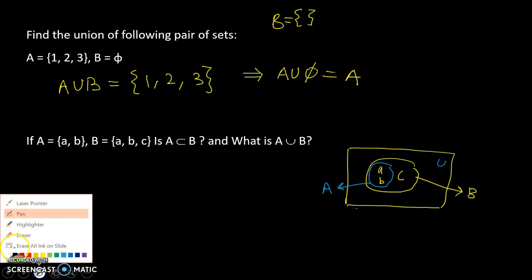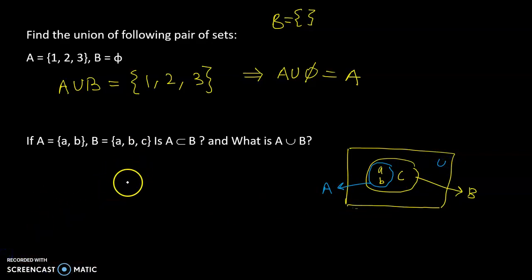And I just have to see what is going to be A union B. So if I look into A union B, and if I use the same principle which I was doing, first I will write the elements of A, which are a and b. Then I'll start writing the elements of B, which is simply a is already covered, b is already covered, only c is left.